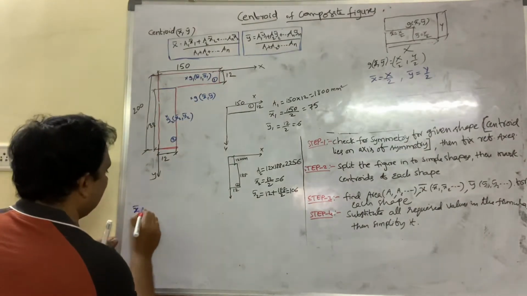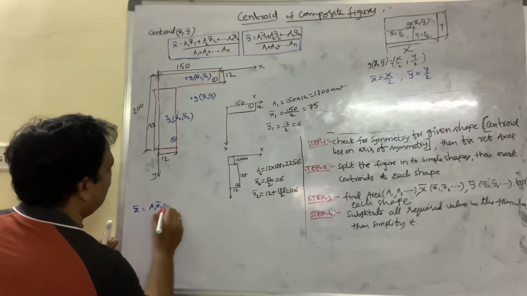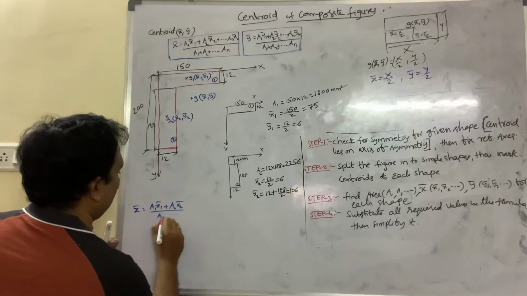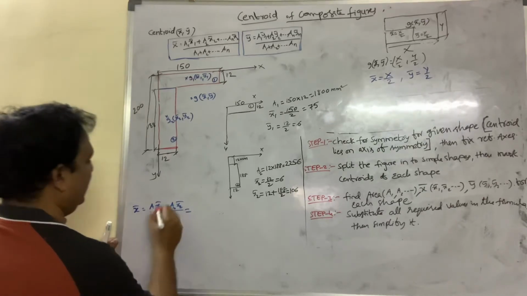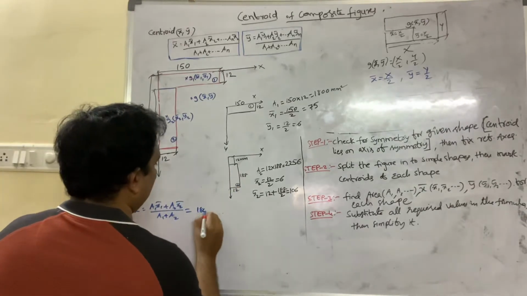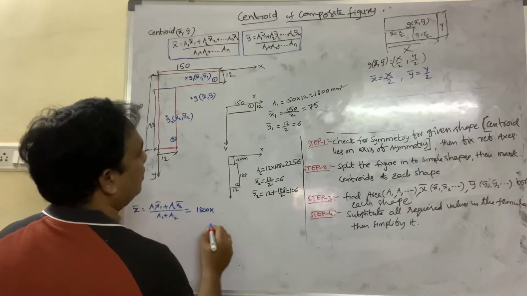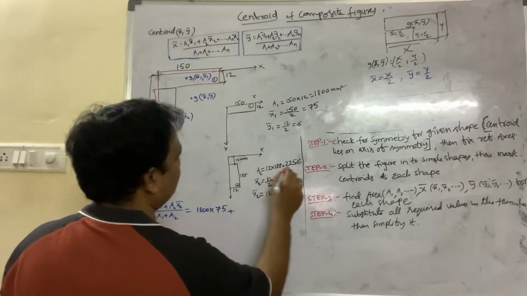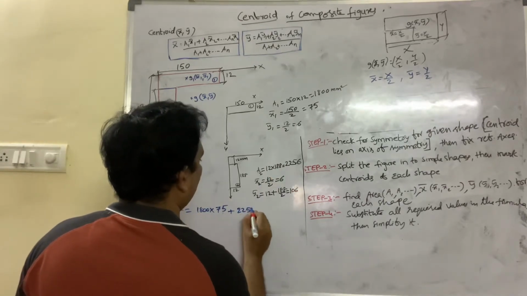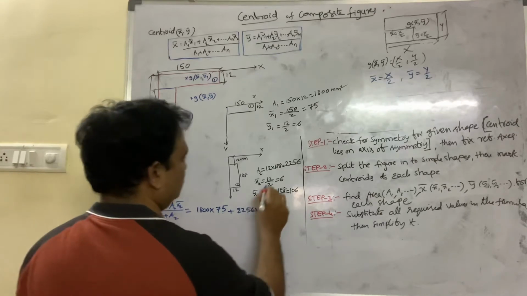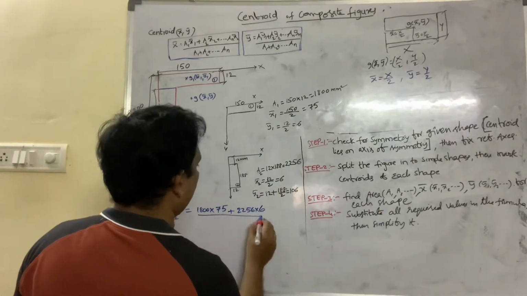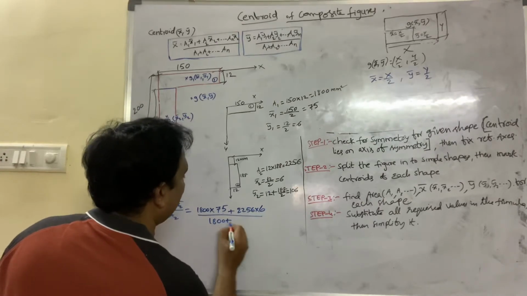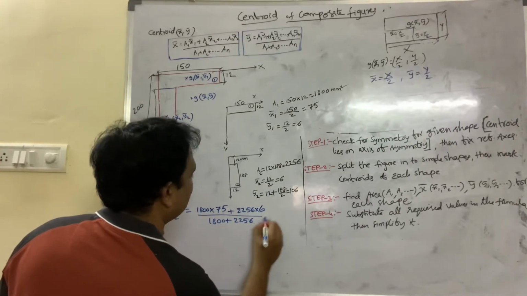So what is x bar? a1 x1 bar plus a2 x2 bar by a1 plus a2, where a1 is 1800 into x1 bar, 75, plus a2, 2256 into x2 bar, 6, by a1 plus a2, that is 1800 plus 2256.